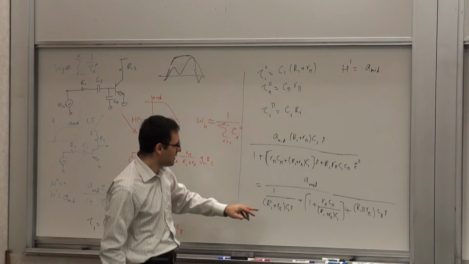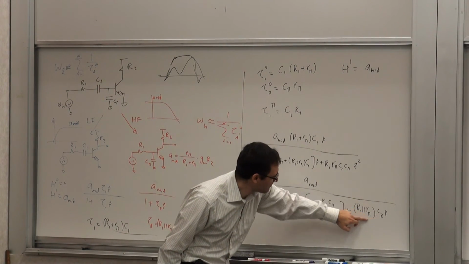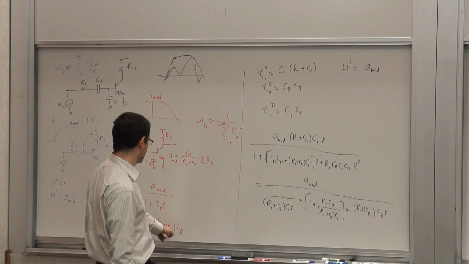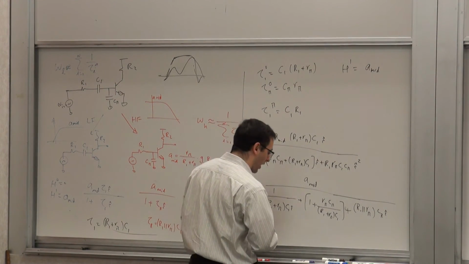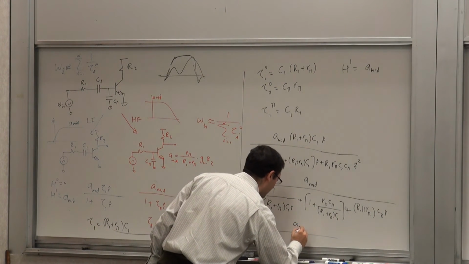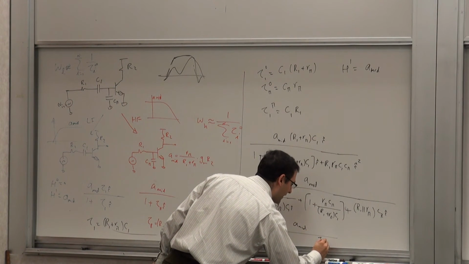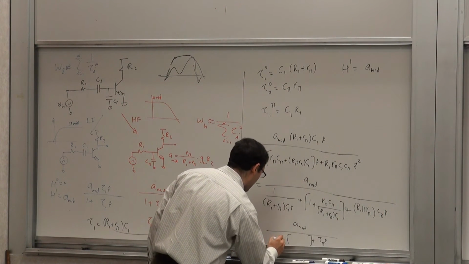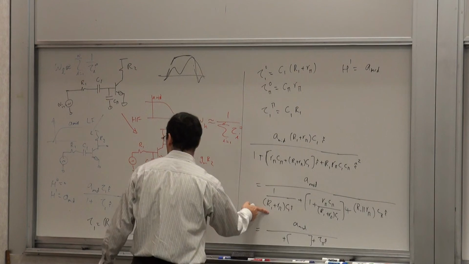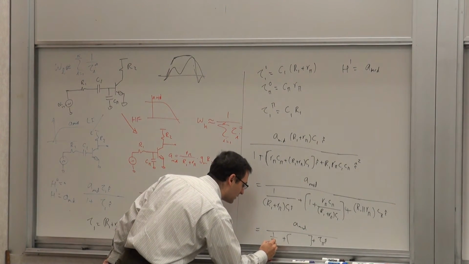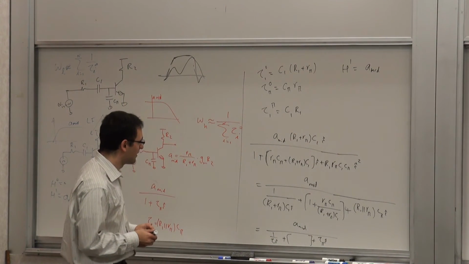Okay. You see? Now, this part is simply the high frequency time constant. You can write this as tau pi. So it becomes A min over tau pi S plus this term plus, what is this? This is the tau 1. 1 over tau 1 S. Okay?